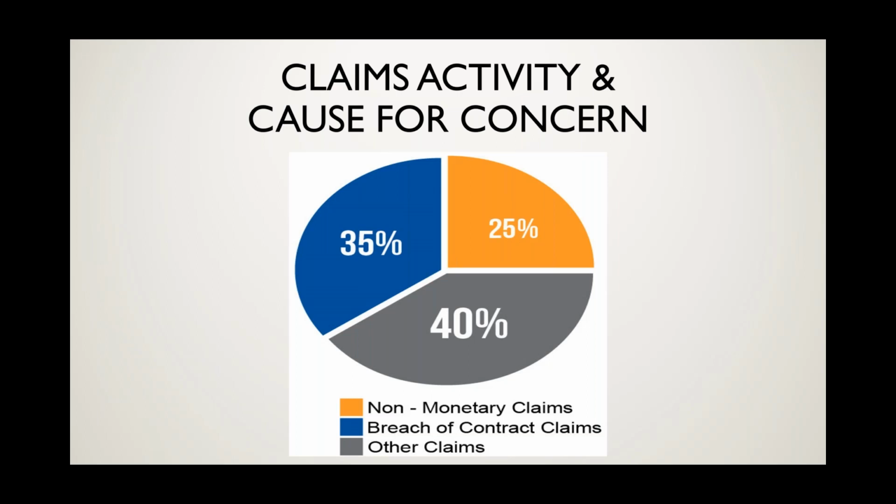A typical claim that may come in, let's just say bodily injury: somebody trips, falls, breaks their leg, and suffers about $10,000 in medical payments at the end of the day. They're going to sue the association for $10,000. They're asking for a financial settlement. But when it comes down to non-monetary claims, they're not necessarily asking for a financial settlement.